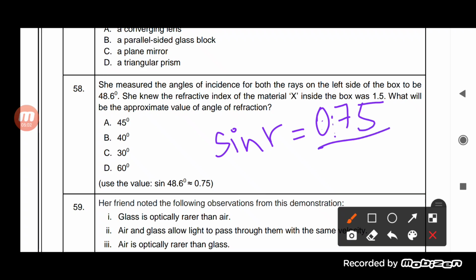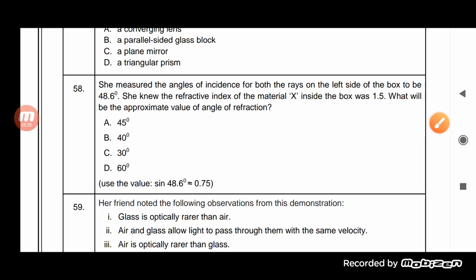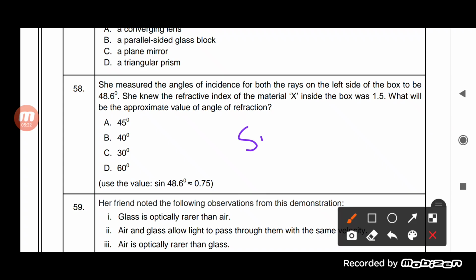So 0.75 upon 1.5, when we divide both of them, we get the value 0.5. Okay, so sin r comes out to be equal to 0.5. Now remember students, r will be equal to what?